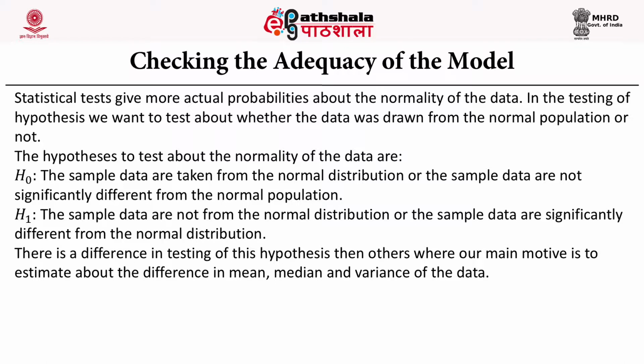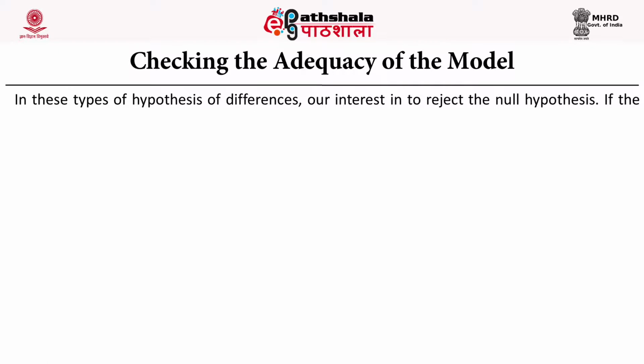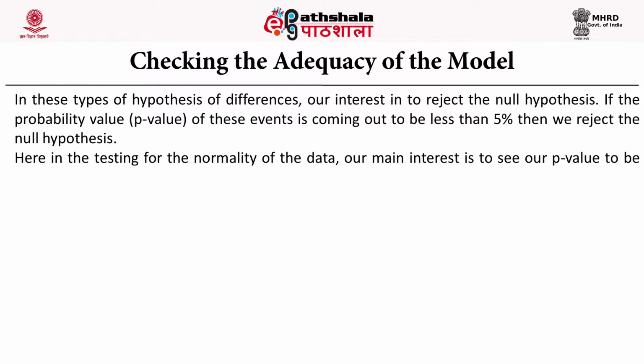There is a difference in this testing of hypothesis from others, where our main motive is to estimate the difference in mean, median and variance of the data. In that type of hypothesis of differences, our interest is to reject the null hypothesis if the probability value, that is the p value, comes out to be less than 5%.